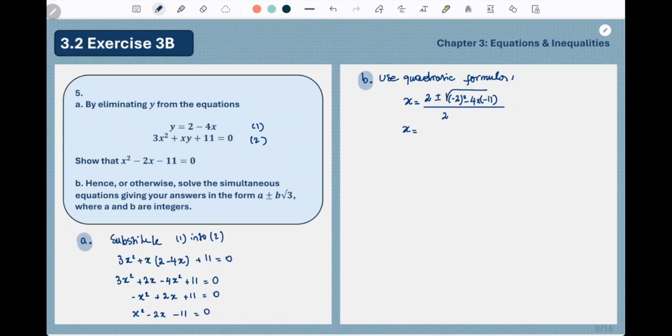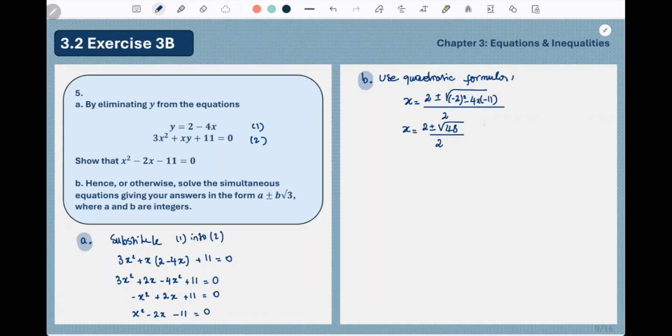So x is equal to 2 plus or minus the square root of 4 plus 44, that's 88, I believe. No, it's actually 44 plus 4 is 48. I don't know what's wrong with me.